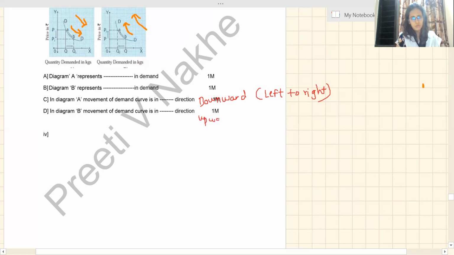You can see it's showing upward direction only, from right to left. Okay, let's move to the next question.